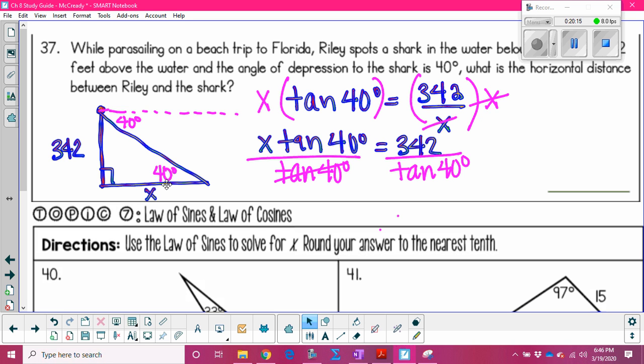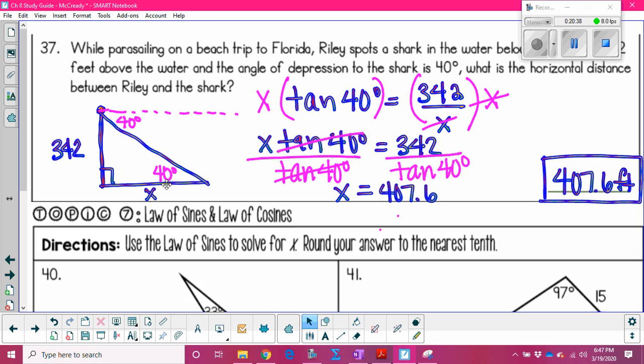These tangents cancel out over here. So if you put 342 divided by the tangent of 40 degrees in your calculator, you are going to get 407.6 feet. And that's how far away Riley is from the shark.